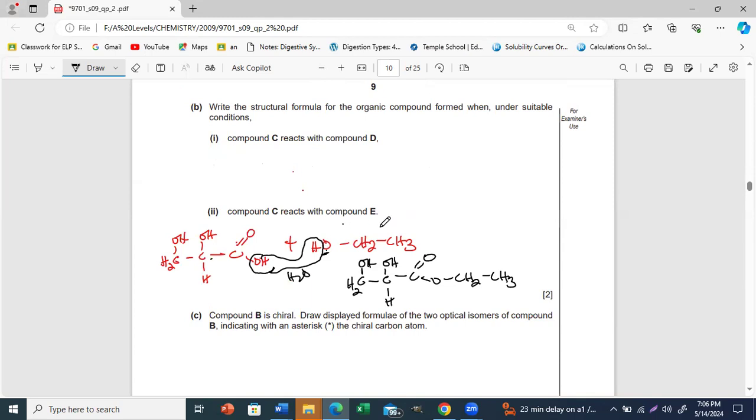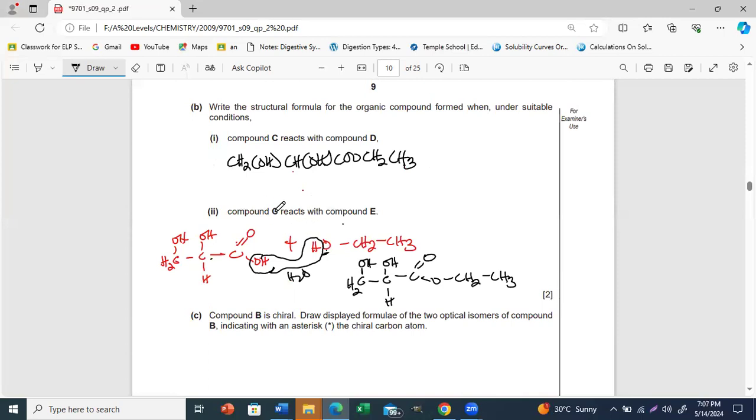Inside the booklet, write with your pen instead of pencil so you are not penalized. So my final answer is CH2OH, CHOH, then COOCH2CH3. That is the answer to that question.